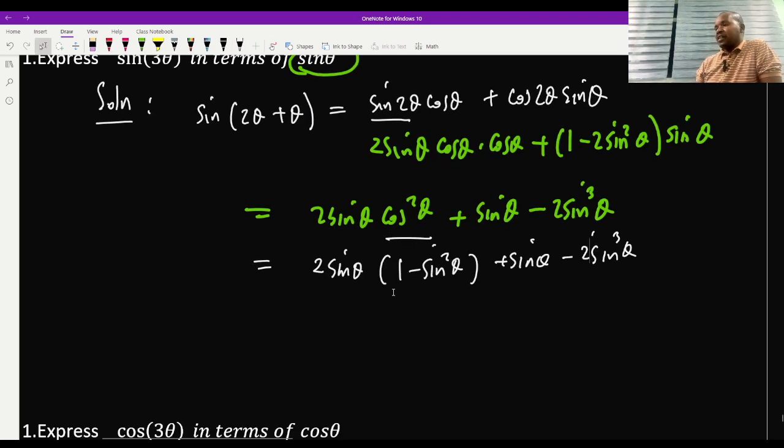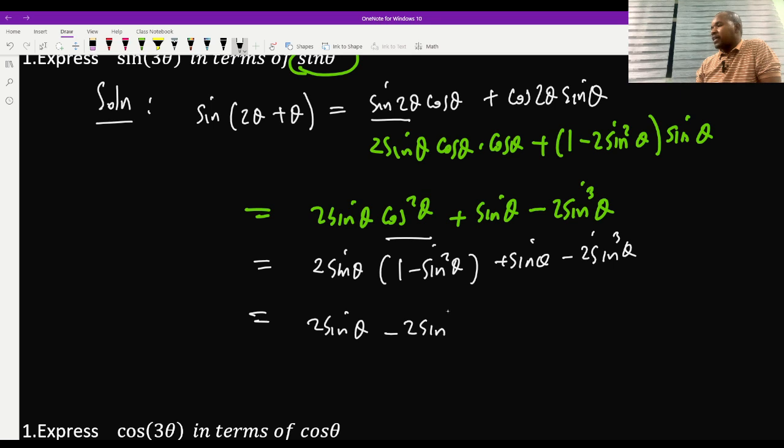To proceed further, we'll have the expression 2 sine theta minus 2 sine cubed theta plus sine theta minus 2 sine cubed theta.